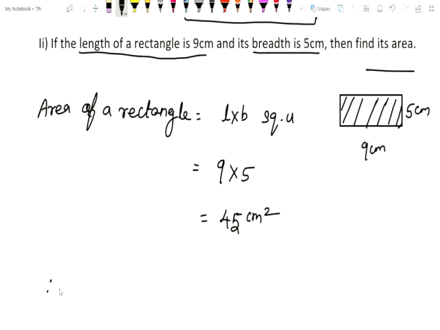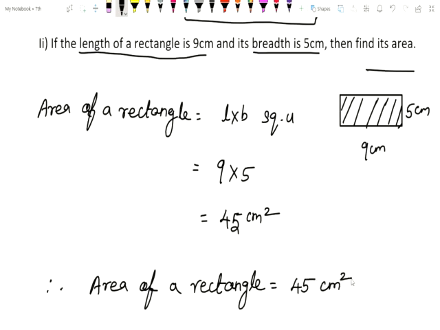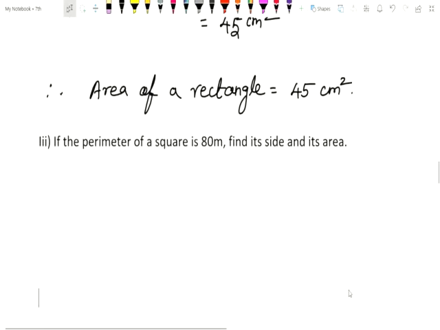So therefore area of a rectangle equals 45 centimeter square. You understand, children? See the next one.